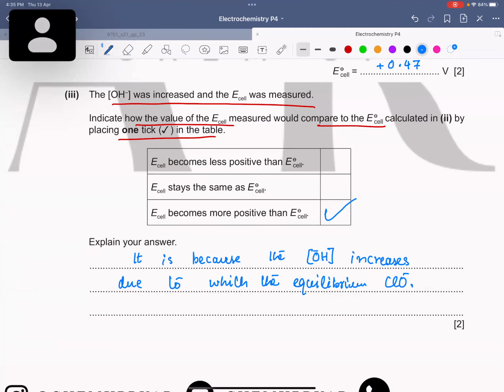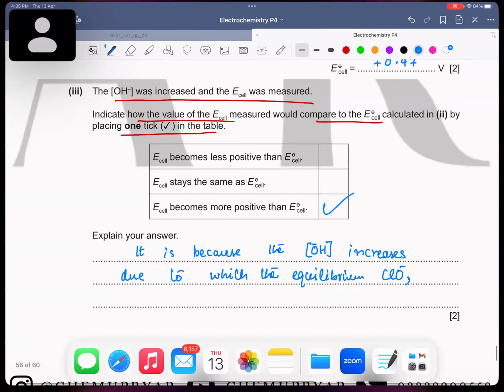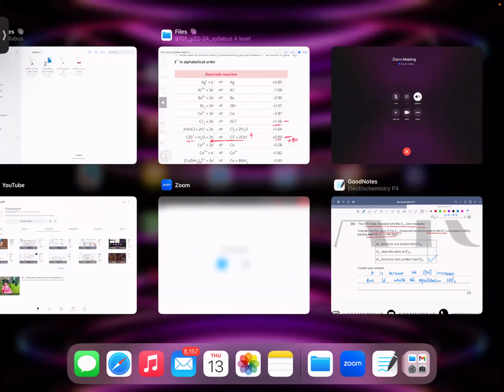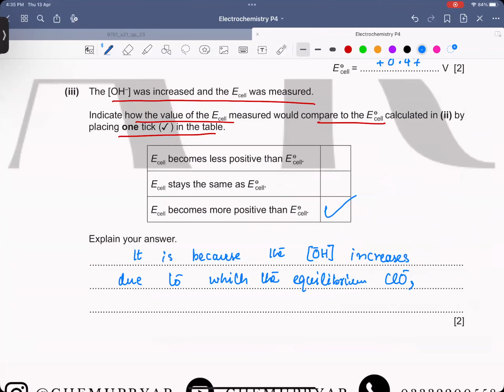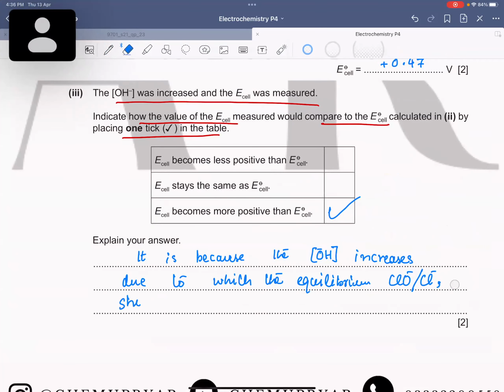One minute. What was there? ClO negative, Cl negative, H positive. Sorry, not H positive, OH negative. Shifts to the left. Yes, is this clear? Yes, is it clear to everyone else?